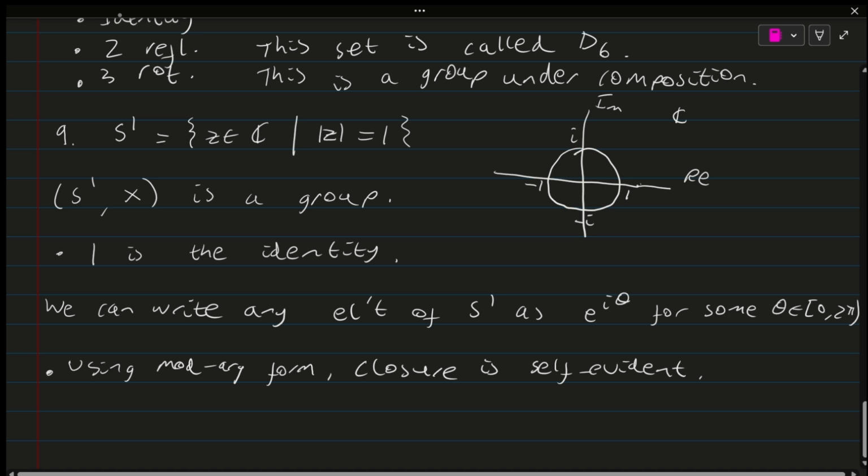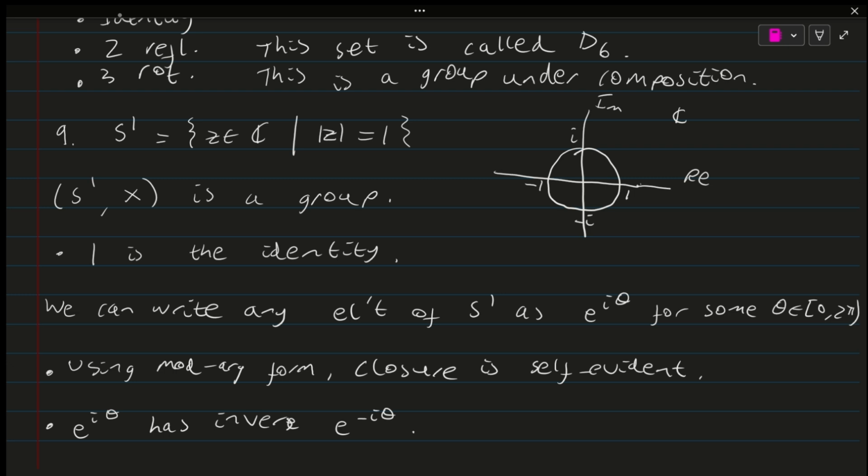And we can also then see that e to the i theta has inverse e to the minus i theta. Now associativity is always the case for multiplication in the complex numbers. If we think of how multiplication works just normally, associativity holds, and that's just what's going on here. So we've got another group here.